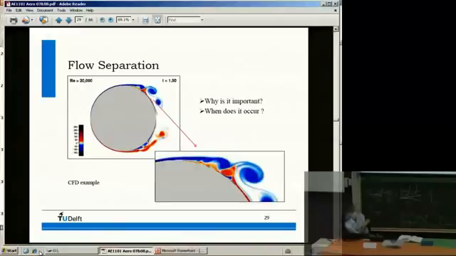And here you see it with dye around the circular cylinder and how it starts. So small vortices grow and you get a large dead water region here. Now, why is it important and when does it occur? For an airfoil at zero angle of attack, of course the flow is fully attached.